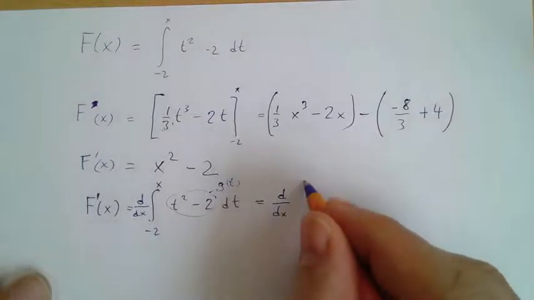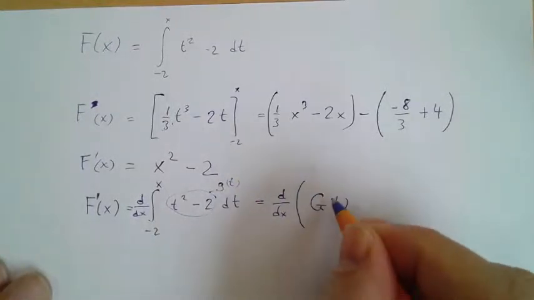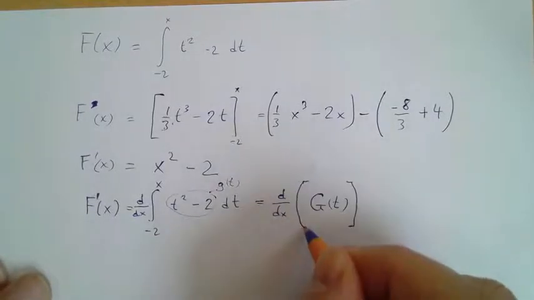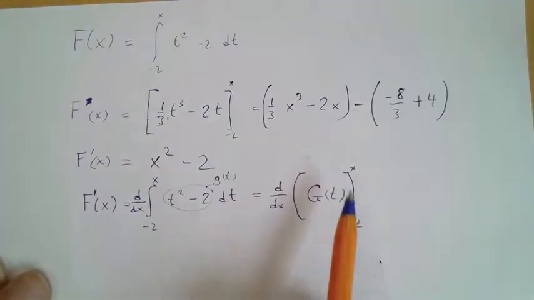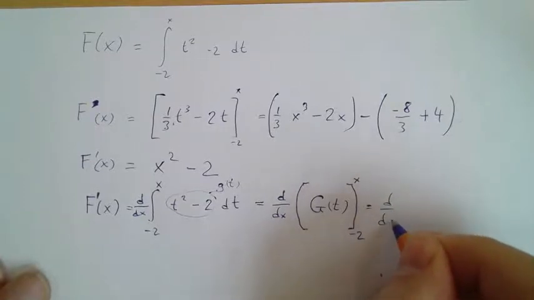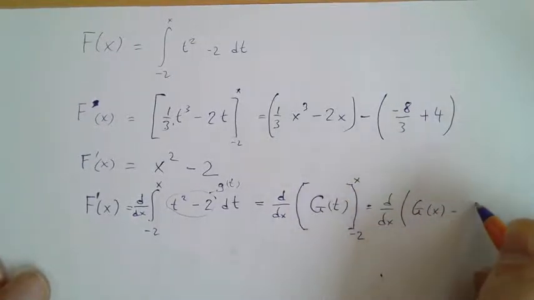and just call it capital G of t. And I'm actually integrating, or I need to substitute x and negative 2. So this is equal to d over dx of capital G of x minus capital G of negative 2.